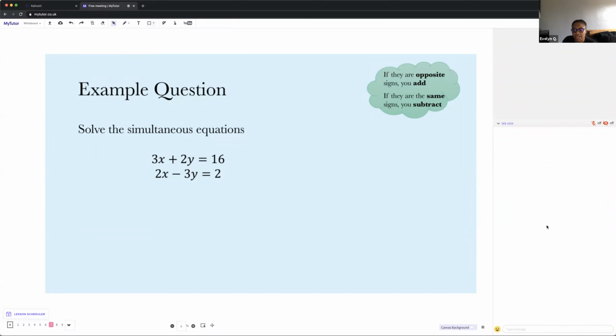Someone asked, what will we be learning tomorrow? We'll be going through quadratic equations tomorrow. So that'll be something to look forward to.